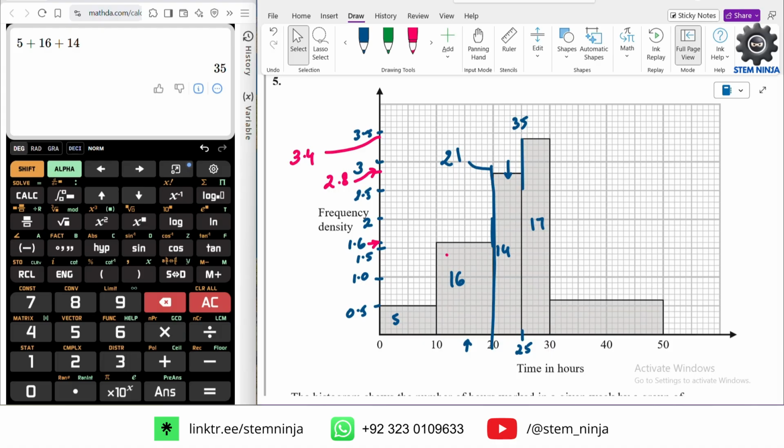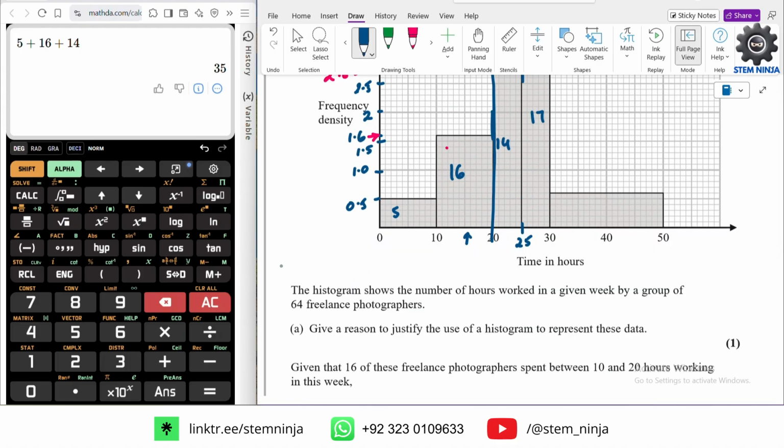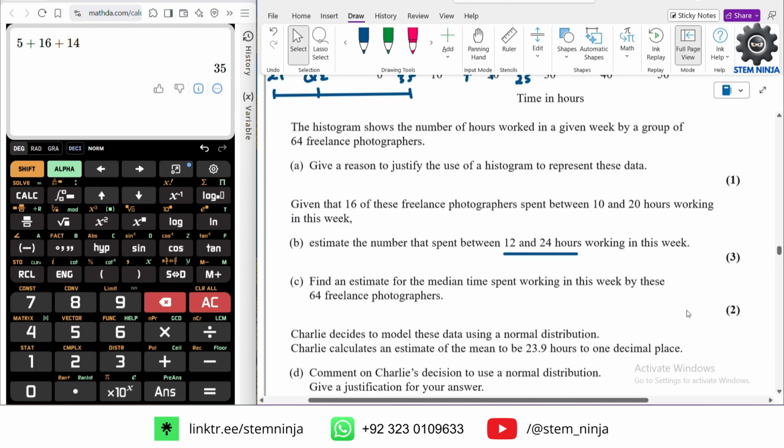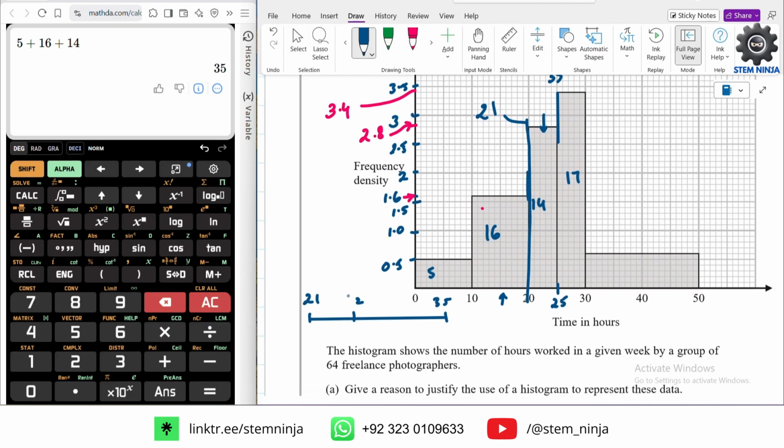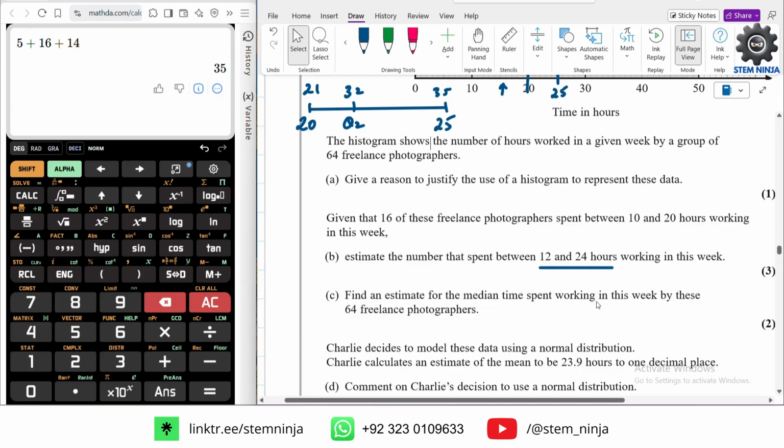So if we draw that linear interpolation line over here, so for the frequency, you have 21, 35, oh no, sorry, no. This is the frequency. So this is 32. Right. And for the time we need, so between 20, Q2, and 25. Right. Now we can do that.